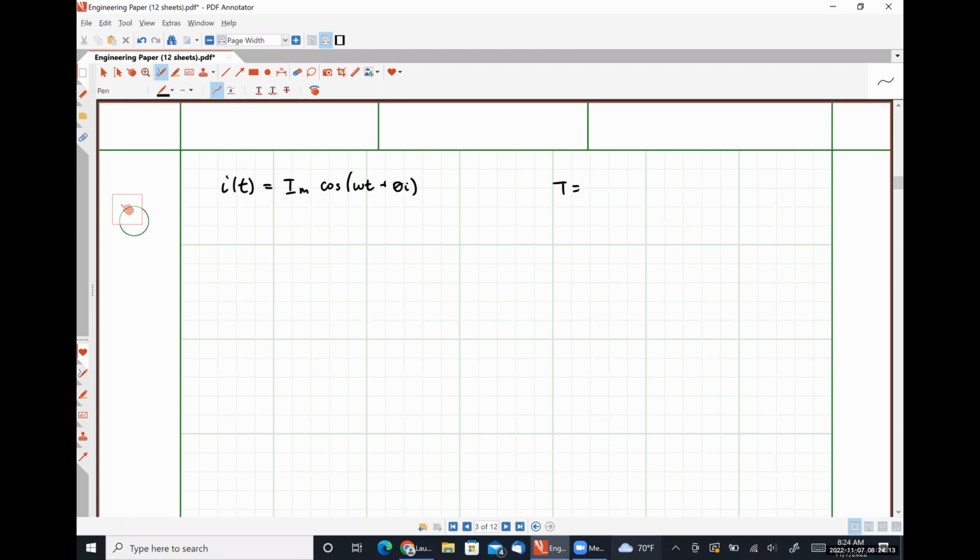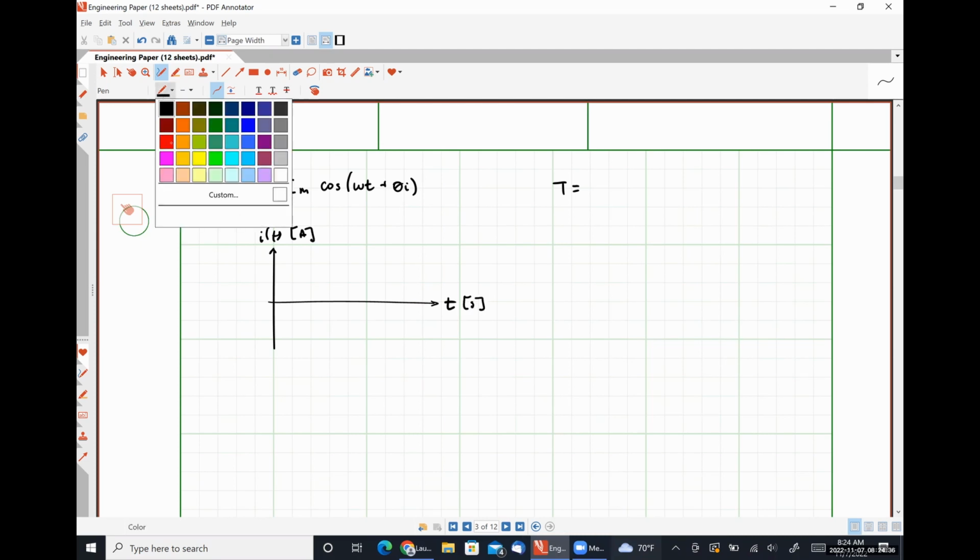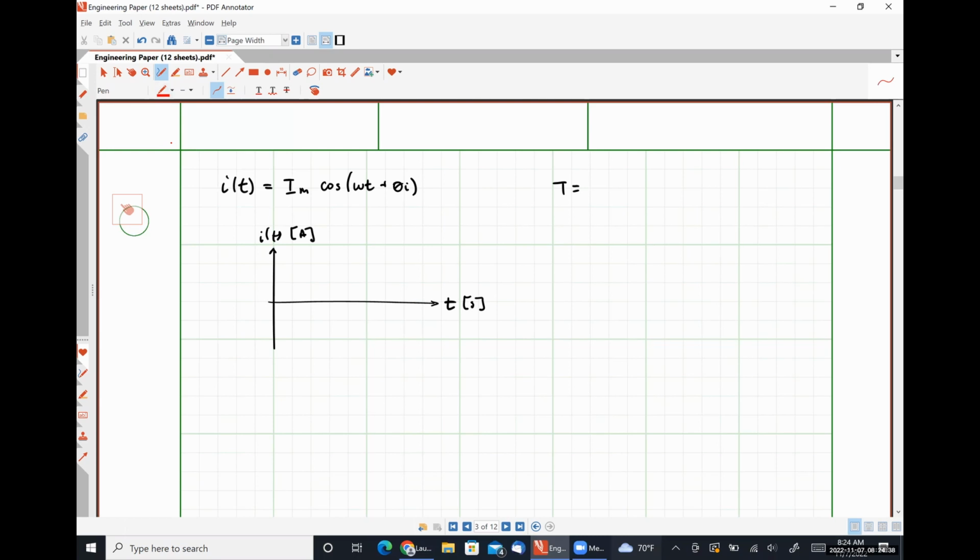Omega is the angular frequency, which is related to the period, but it is not the period. Not quite. So let's draw a picture. Here is i of t measured in amps. Here is t measured in seconds. I'm going to draw this as if the phase angle were 0, just because I am lazy.